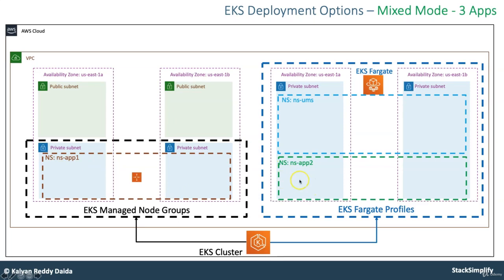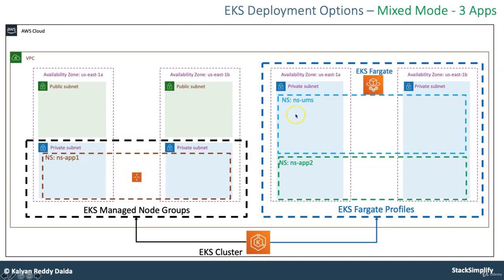In the same way, for app2, we are going to create a namespace NS app2. And for the application UMS, which is the user management microservice, we are going to have the namespace NS UMS. So NS app2 will be part of one Fargate profile, NS UMS will be part of another Fargate profile, and NS app1 is going to be for managed node groups.